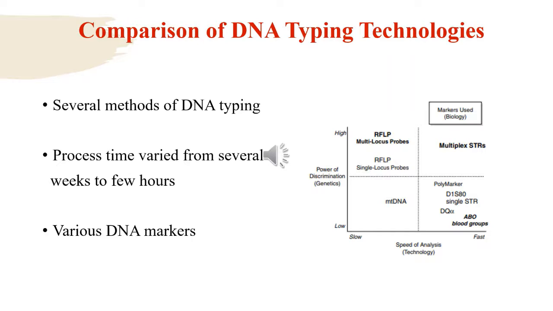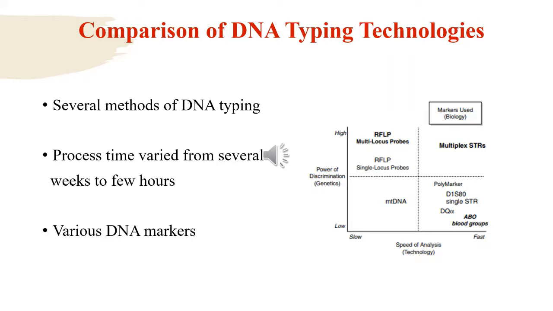DNA markers have been divided into 4 quadrants based on their power of discrimination and also their speed of analysis. ABO blood group determination was the first genetic tool used for distinguishing between individuals. It can be performed in a very few minutes, but it is not very informative.